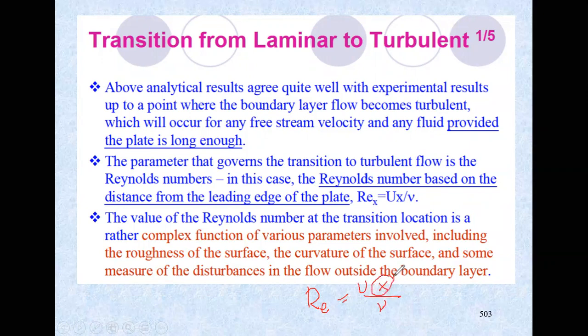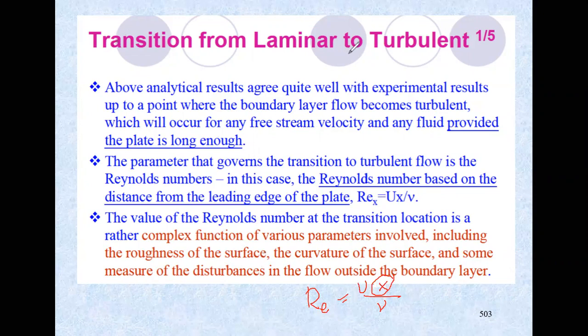So as x increases along the flow direction, you have an increase of Reynolds number, then you're going to have turbulence, so you're going to have laminar, transition, and turbulent in one flow.